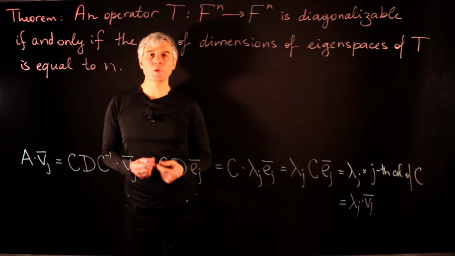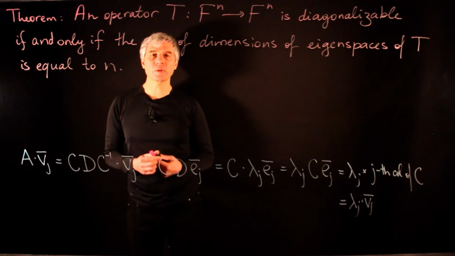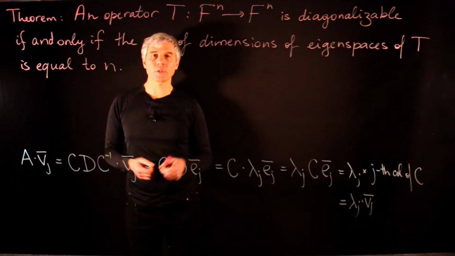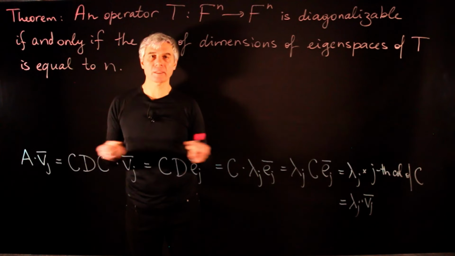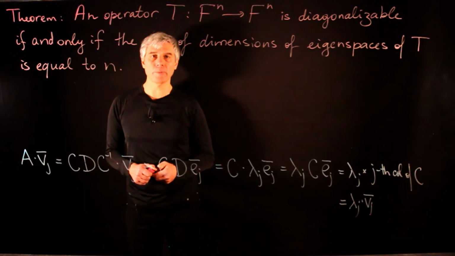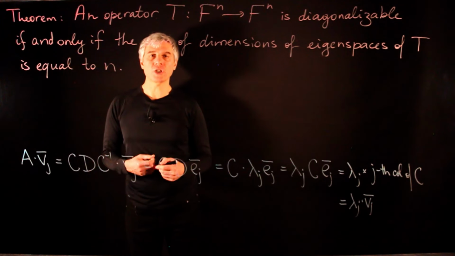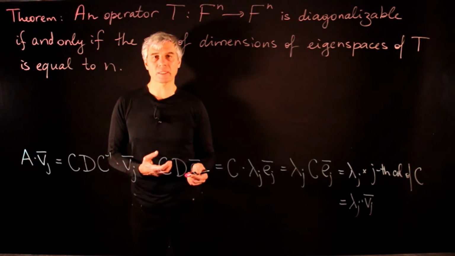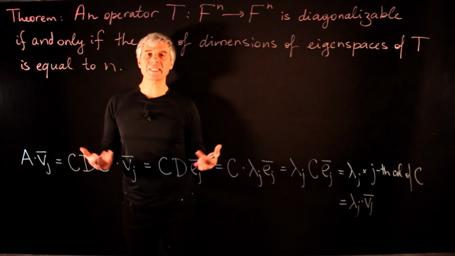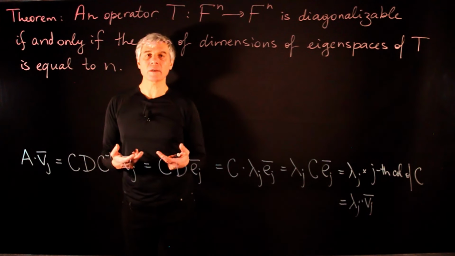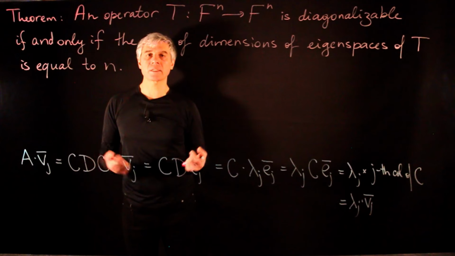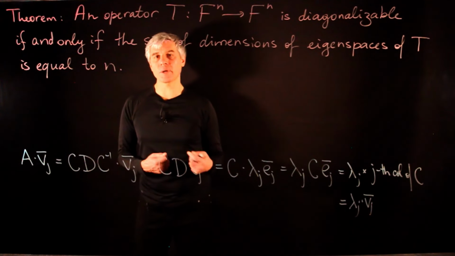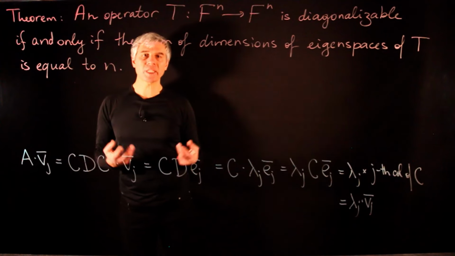What is our computational procedure for diagonalization of matrices? First, we compute the eigenvalues of the matrix as roots of the characteristic polynomial. And then for each eigenvalue, we compute the basis of the corresponding eigenspace. And then we want to put bases of eigenspaces all together to form a basis of the whole space consisting of eigenvectors of our operator. However, there is a potential problem.